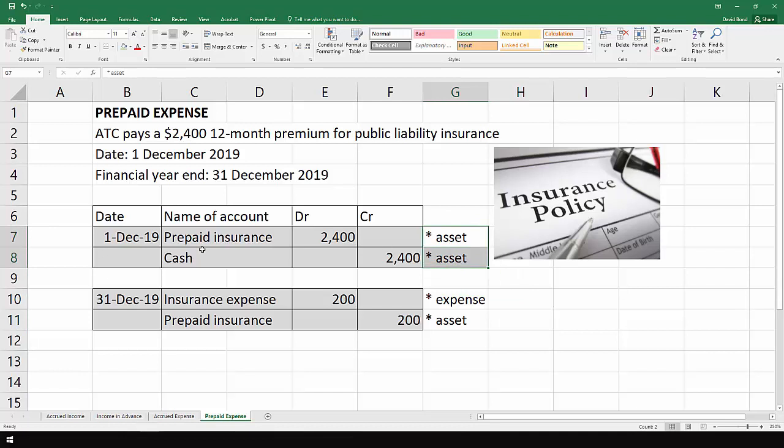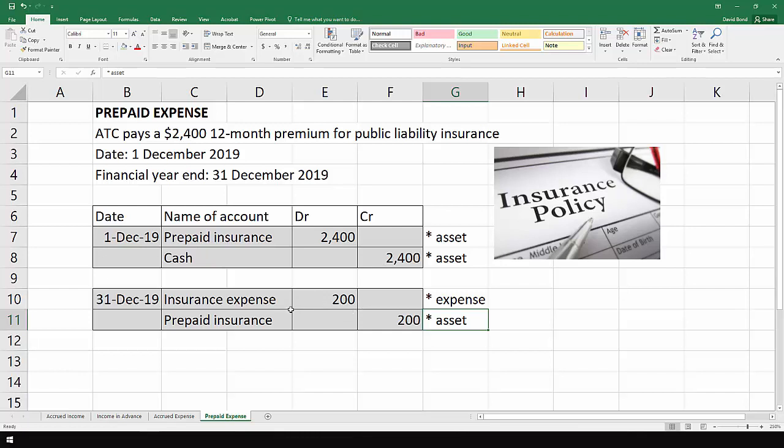So again, at the time where you paid for the insurance, there is no expense effect. When you actually use up the insurance over that month, you get to show an expense and you get to show a reduction in the prepaid insurance. So in this case, we're crediting prepaid insurance, but if you're doing it on a worksheet, you would just show a negative to the prepaid insurance and the same thing would happen. And if we net out some of it, we can't do it all because it's only the first month.